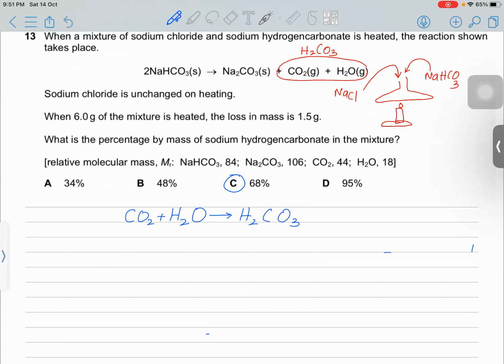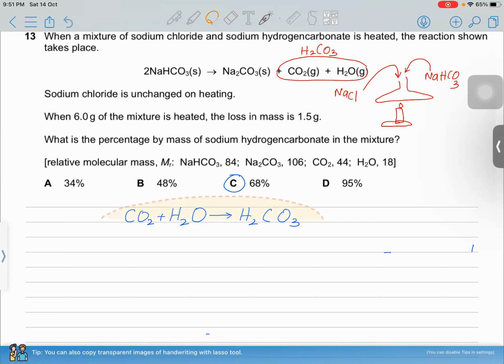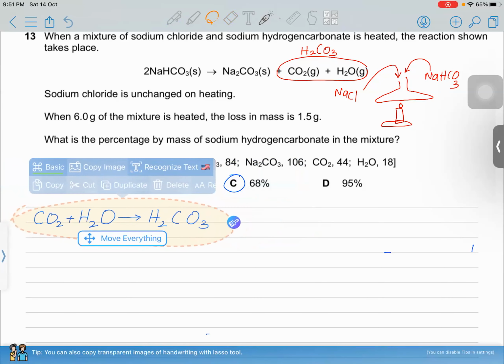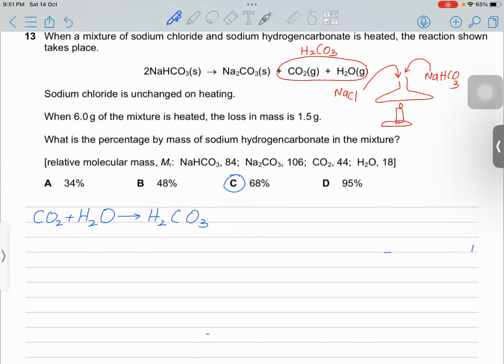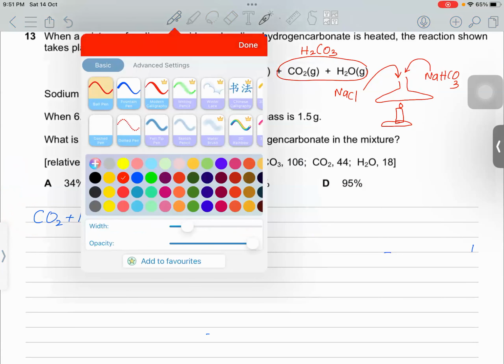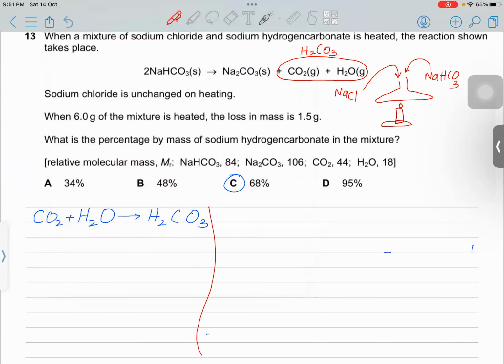Now write this equation again. This is step number 1.